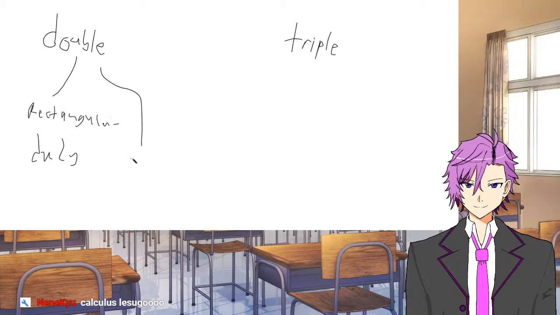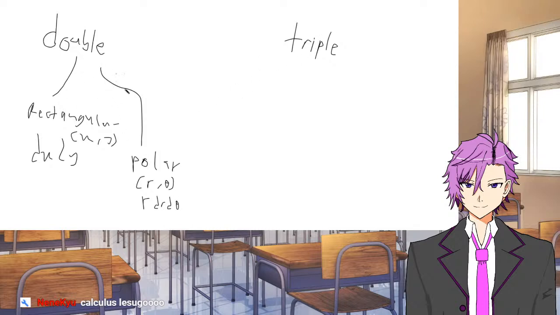Rectangular, and we also have the polar. This is the rectangular coordinates, by the way. For example, if you do x, y, but polar would be r and theta. But then again, you have to put r dr d theta.